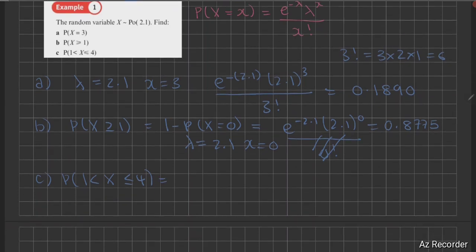For part C, the probability that x is greater than 1 and less than or equal to 4. Again, we plug this into our formula. In this situation, we've got x is equal to 2, 3 and 4, and again, lambda is constant at 2.1.